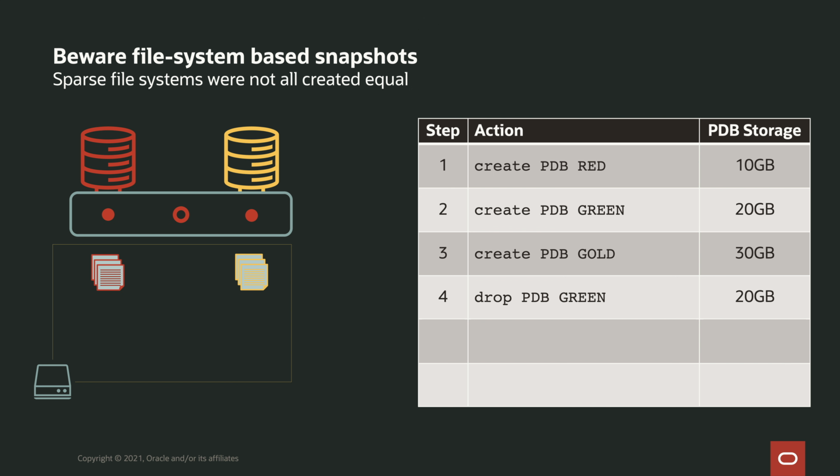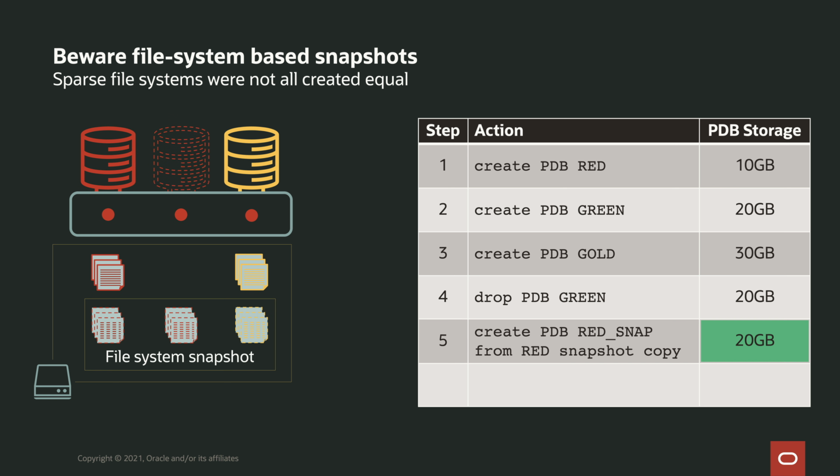But now, things get interesting. Pay attention. Now, I'll create a snapshot copy of PDB red. Because this is a storage-efficient clone, it will require negligible additional storage, although it's apparently a full dataset copy of PDB red. Under the covers, we're using the copy-on-write technology, and therefore the overall PDB storage is essentially unchanged at 20 gigabytes.